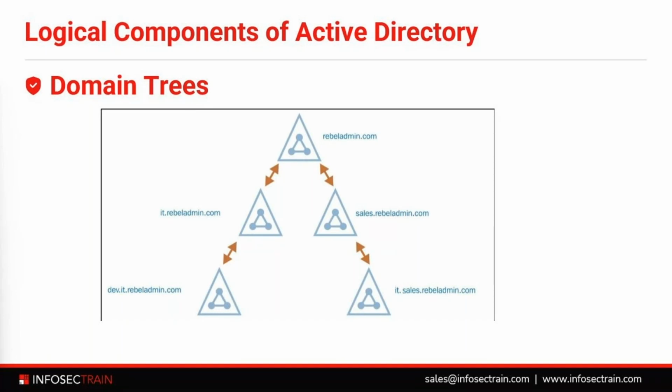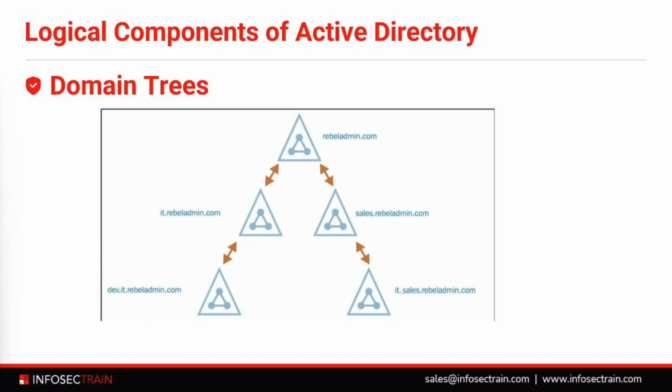So if I have a forest name abc.com, it's not that the domain in the forest will also have something.abc.com. It can have xyz.com, right? But within the domain tree, it will share the same namespace, right?